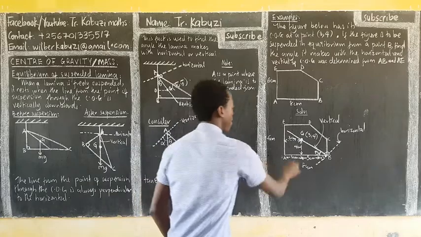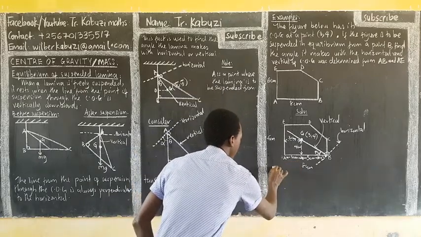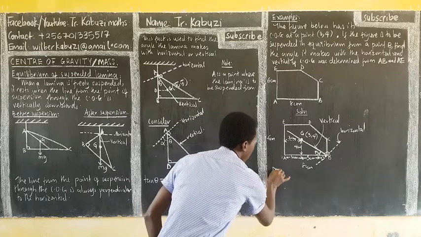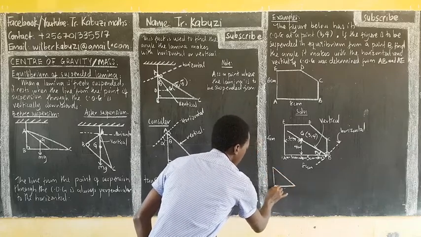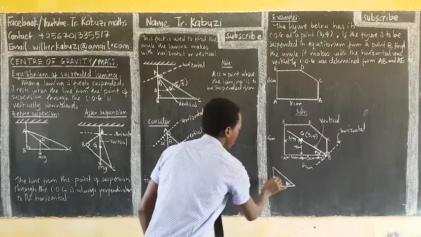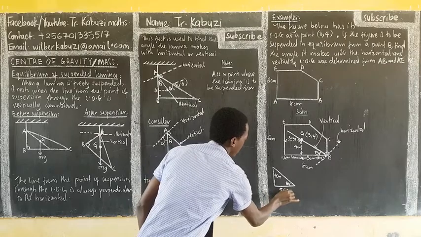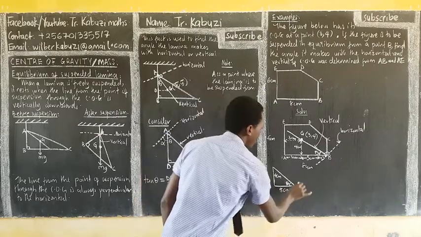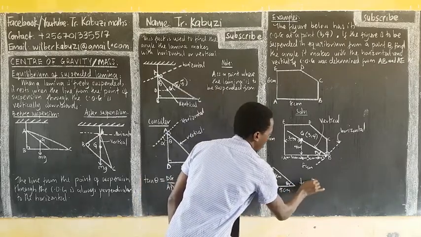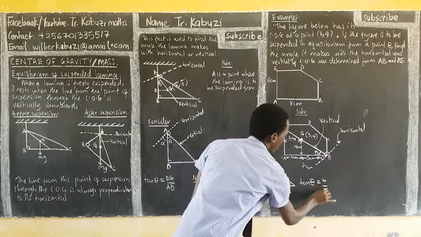So now, if I pull out that triangle, of course you can start from there. If I pick out this triangle, this is my theta, this one is 4 centimeters, and this is 5 centimeters. My tan theta is going to be the opposite over the adjacent.